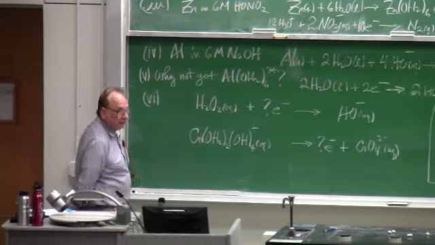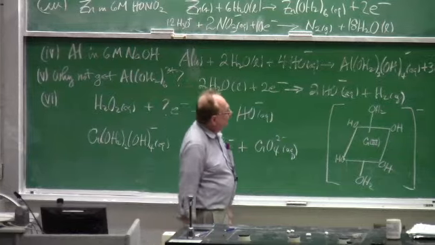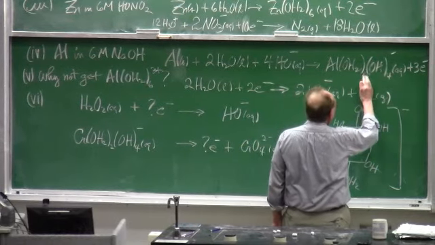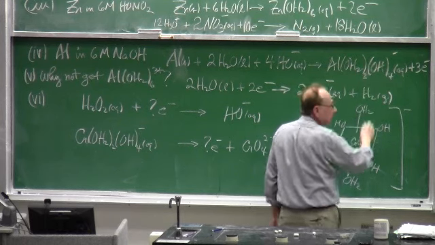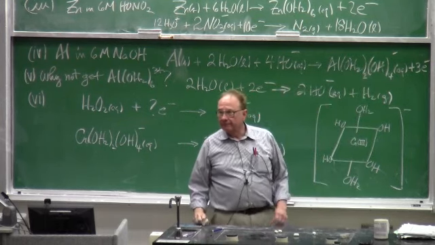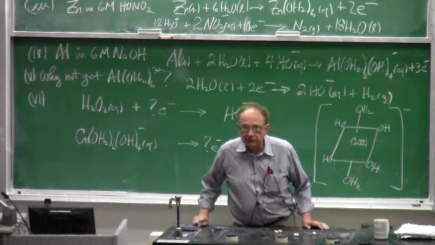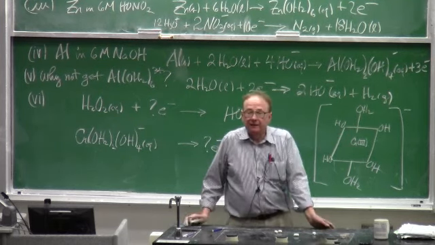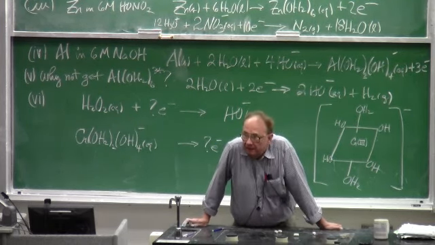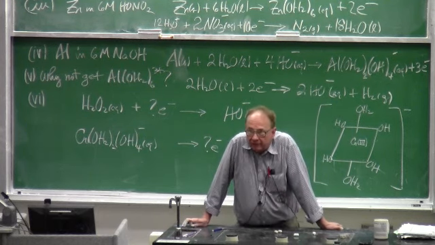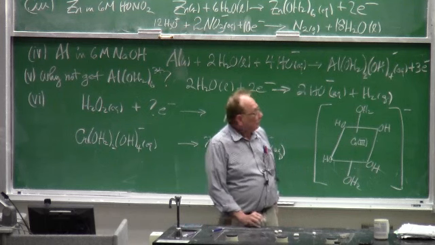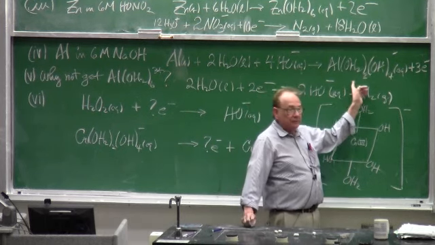Have you any familiarity with the aluminate ion? Here's the aluminate ion. What's the familiarity you have established with aluminate ion? Did you do some chemistry with it this term in laboratory? Assignment 4?